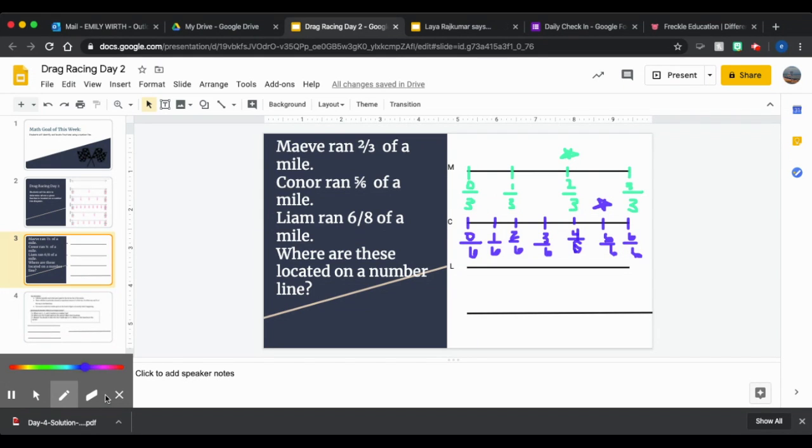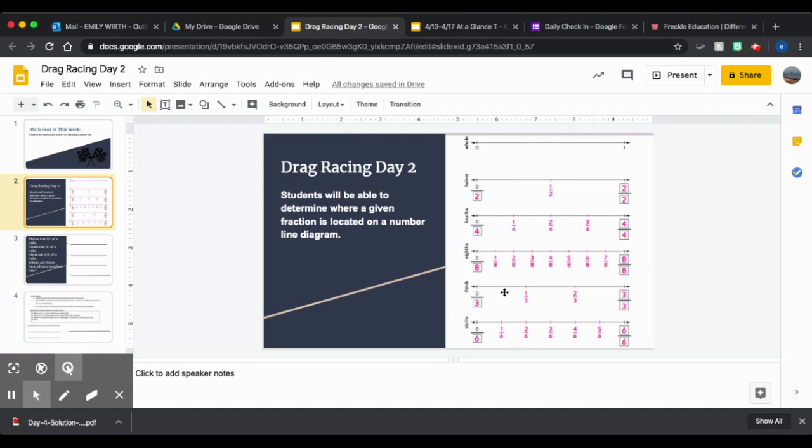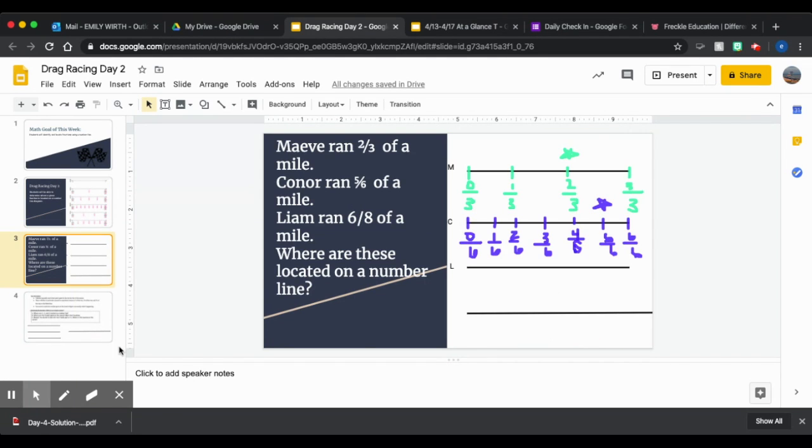Finally, Liam ran 6/8 of a mile. So we need to break his into eighths. We can look at our number line poster and see that eighths were a little different. They weren't equivalent to any thirds or sixths, so we need to be careful when we label these, except for the 4/8 and 3/6. We know that those are equivalent, so that might be a good starting point.